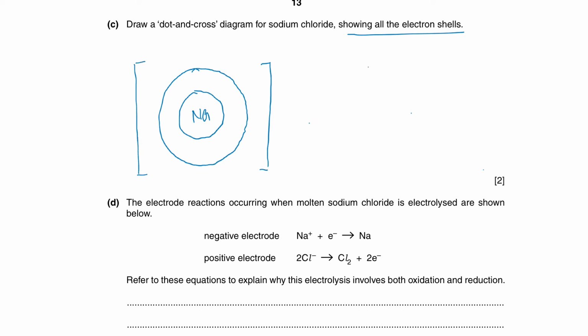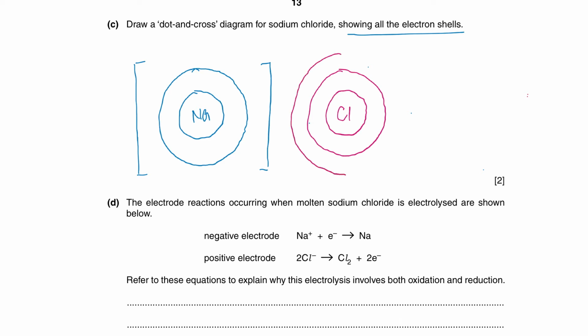And then we have chlorine, which is going to be even trickier because it has 1 more shell. That's chlorine's 1, chlorine's 2, and chlorine's 3. Now I'll make sodium's electrons pink because it looks better. 1, 2, 3, 4.